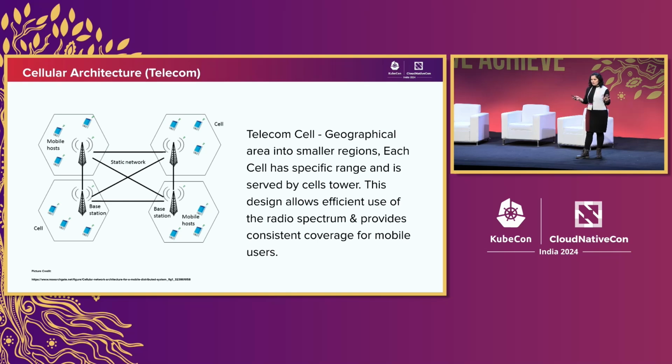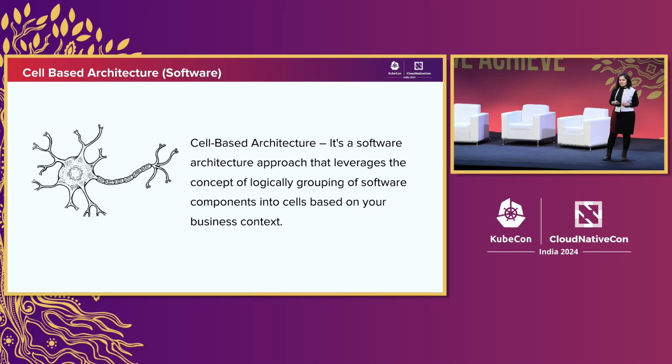That's how they don't interfere with each other and operate seamlessly, because this design allows efficient use of radio spectrum and provides consistent coverage for mobile users. This is also a known pattern, but in cellular architecture, they are much more advanced than we are in cell-based architecture in software. That's a topic for later discussion, but now let's delve into cell-based architecture, what it means to the software world.